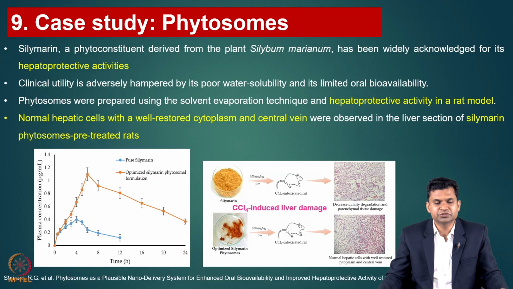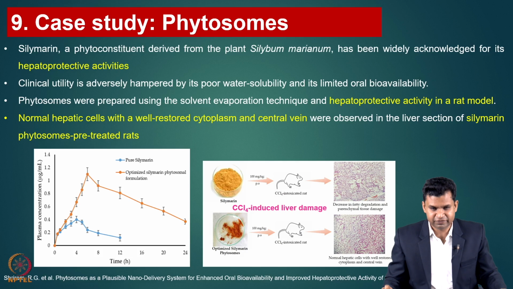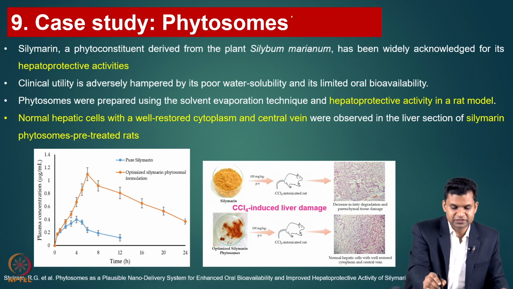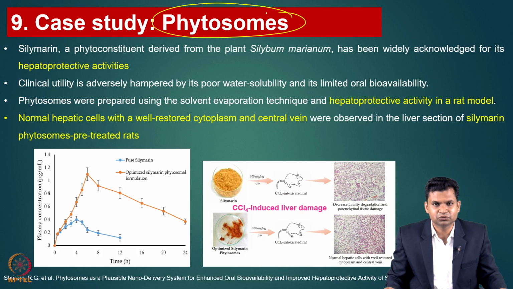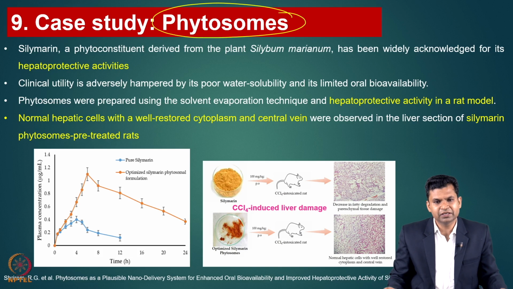So, here we are going to see one case study for vesicular systems. I have selected one system to understand the importance of the phytosomal or vesicular systems. So, here is the reference.